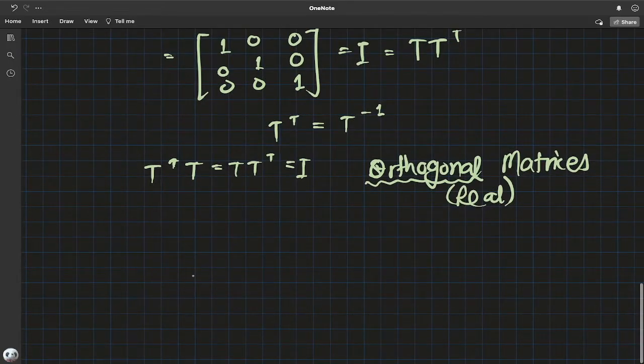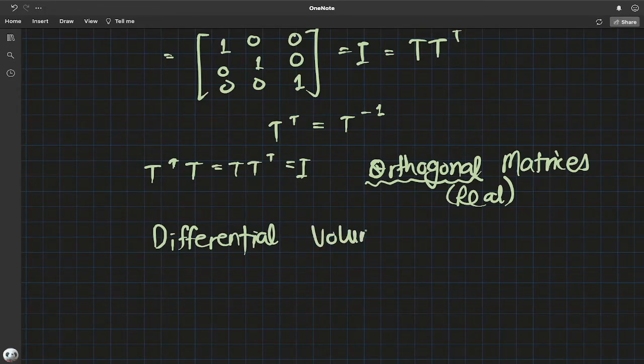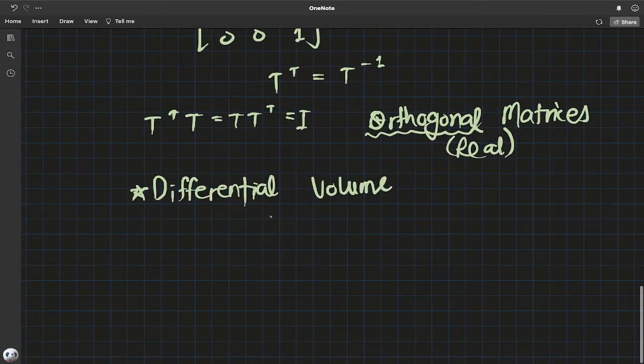Okay, now what does the differential volume element look like? I can draw a quick diagram, which may not be the best diagram ever, but okay.